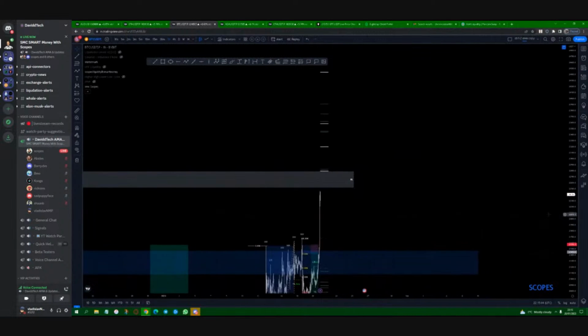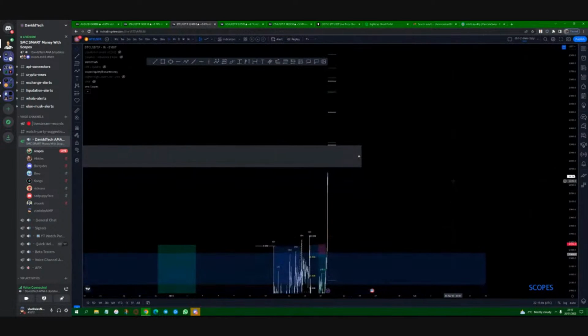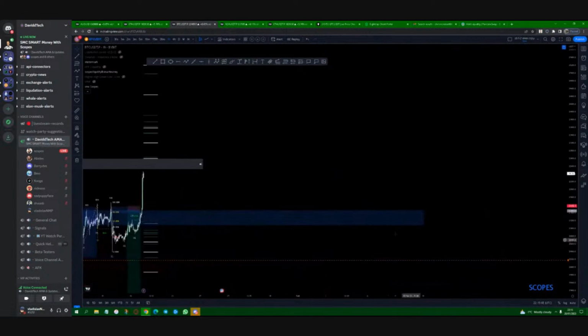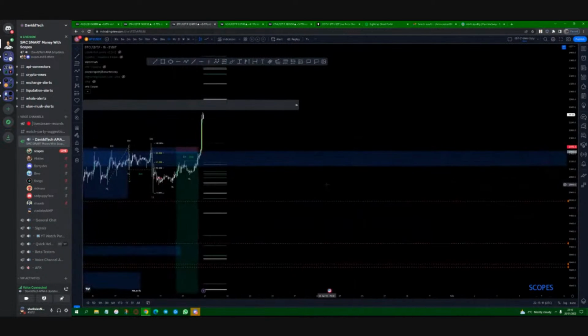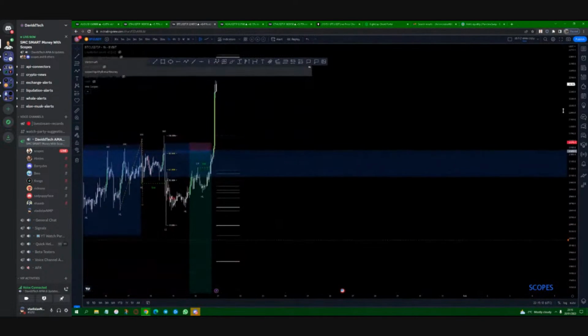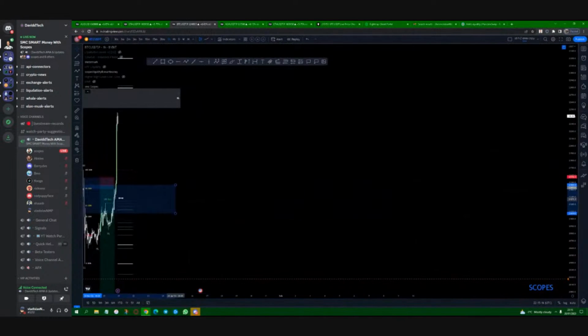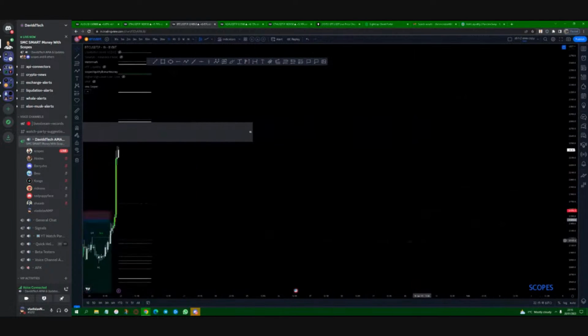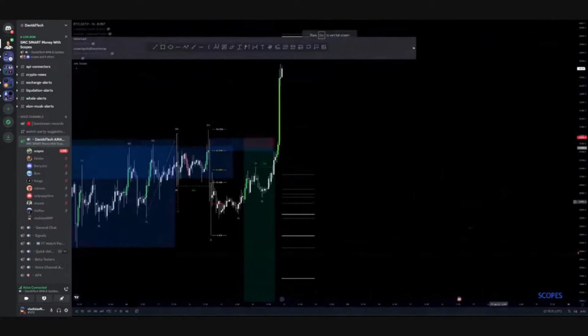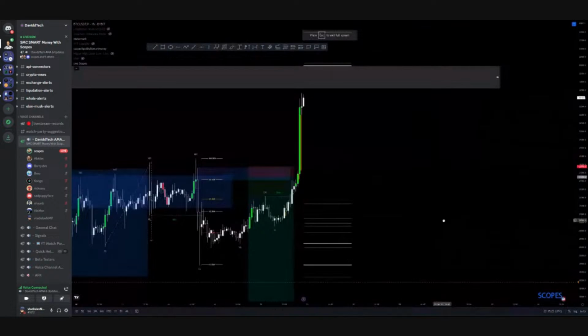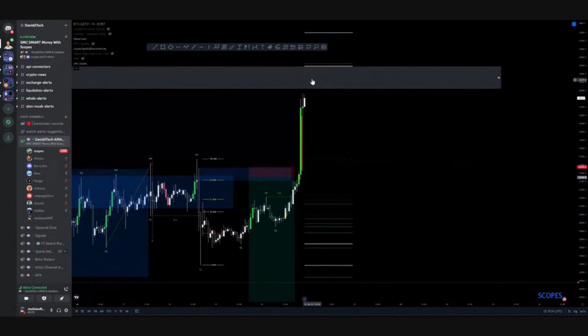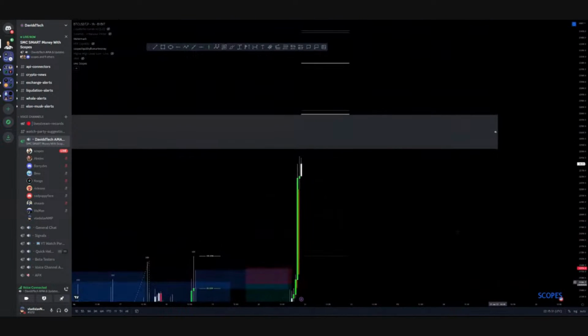So for me, I'm going to be looking for either cross. So for my BTC, I'm either going to be looking at price coming off here, maybe catching this bit of liquidity, and then coming down.